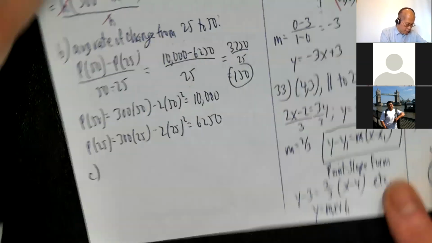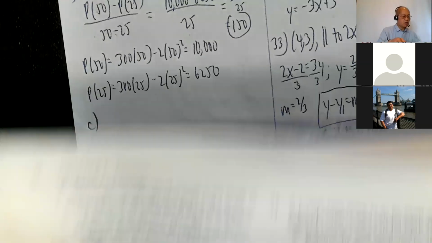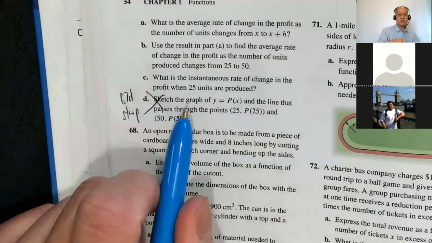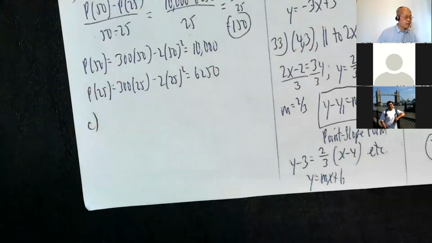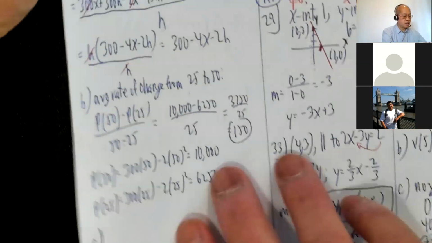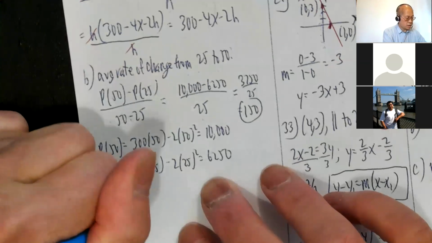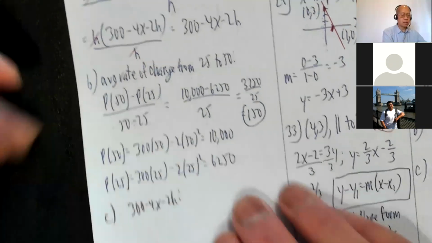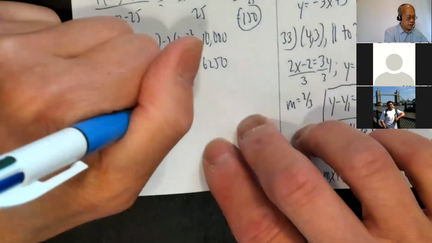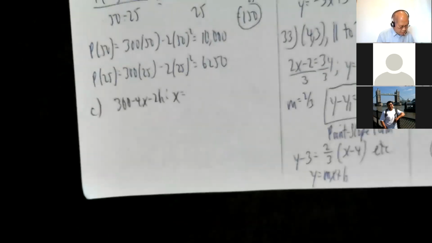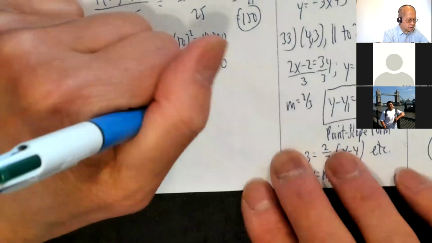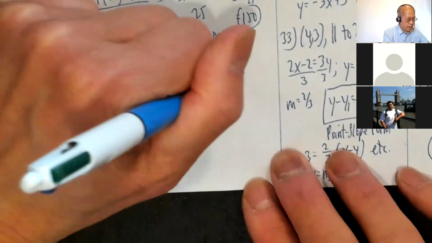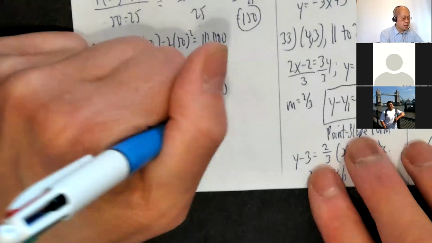Instantaneous rate of change when 25 units are produced. I take this expression, 300 minus 4x minus 2h. It said to plug in what? 25. And you plug in 0 for h.